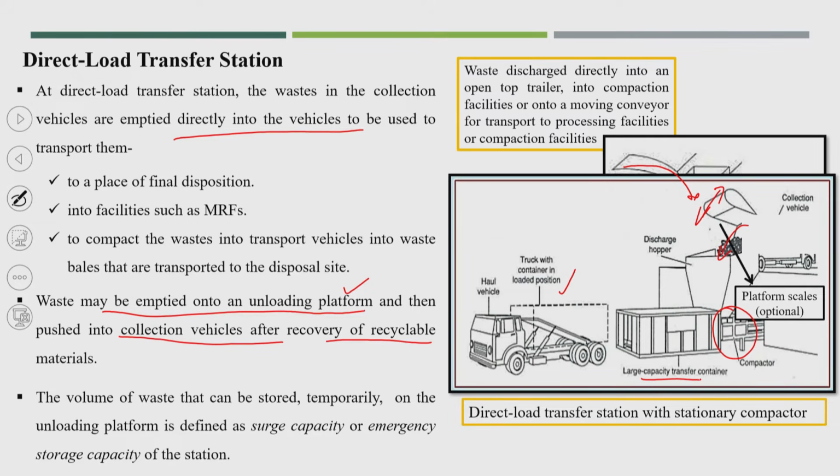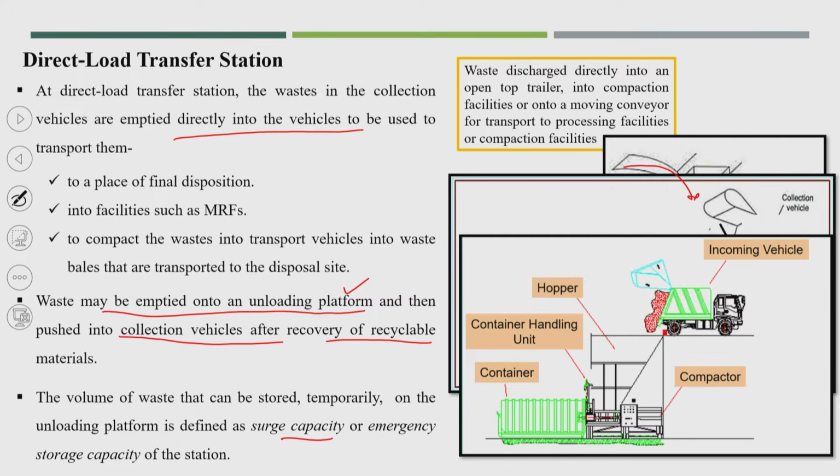The volume of waste that can be stored temporarily on the unloading platform is defined as the surge capacity or the emergency storage capacity of the station, the maximum capacity of that particular station.